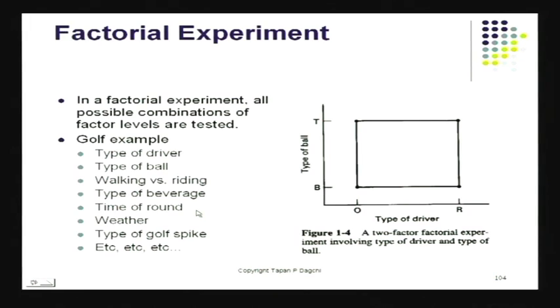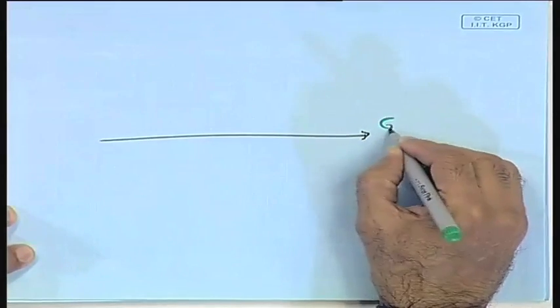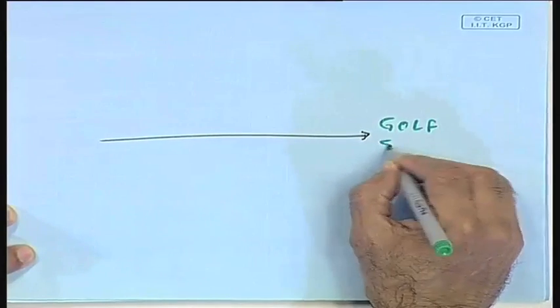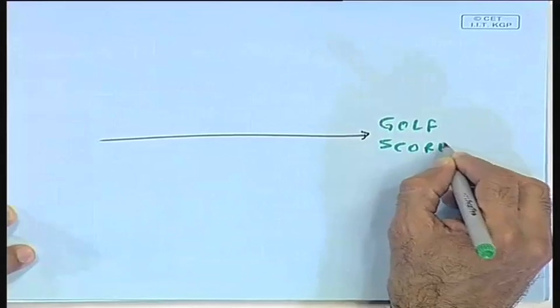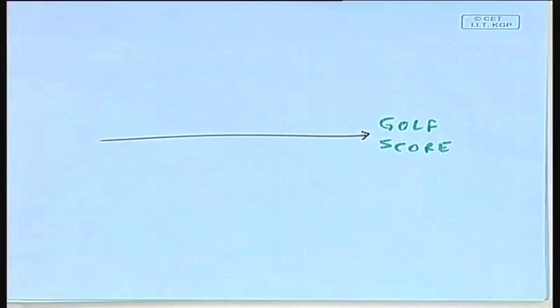So let me show you this total picture in the form of a cause and effect diagram, the fishbone diagram. The effect, of course, is my golf score. That's my response. And what are some of the control factors?